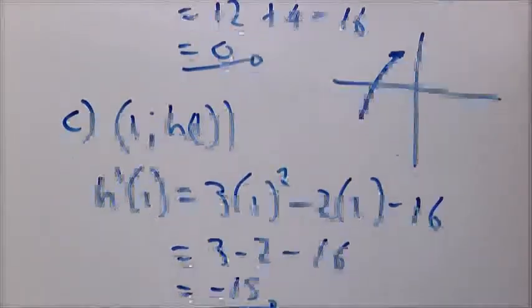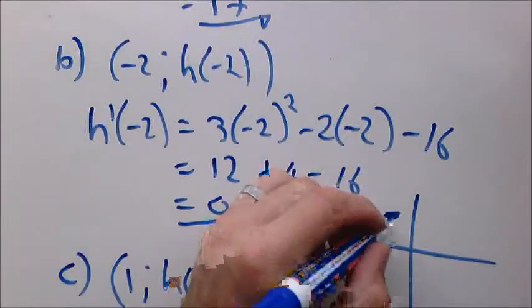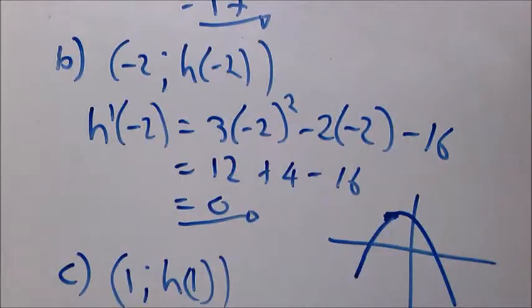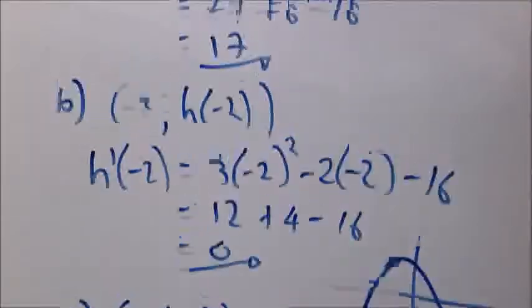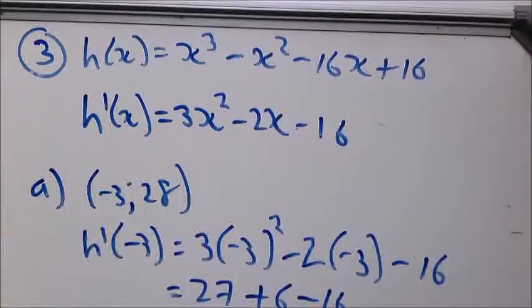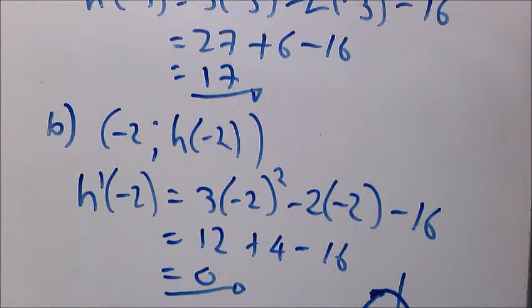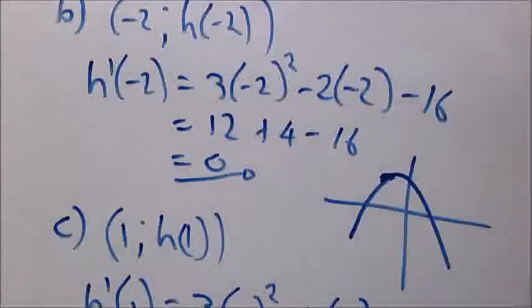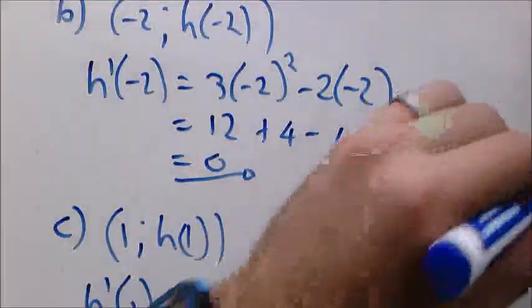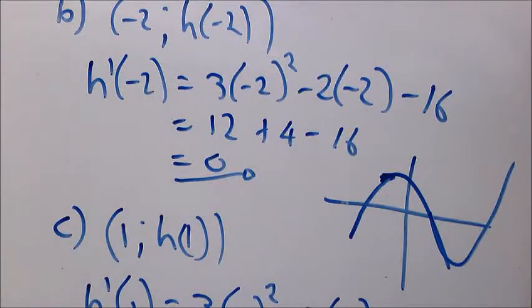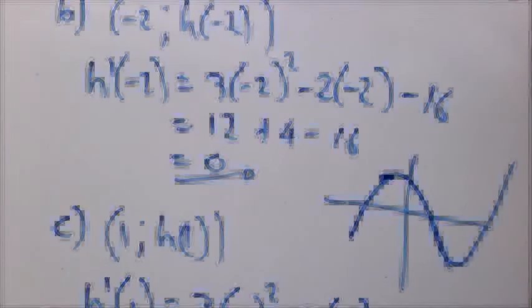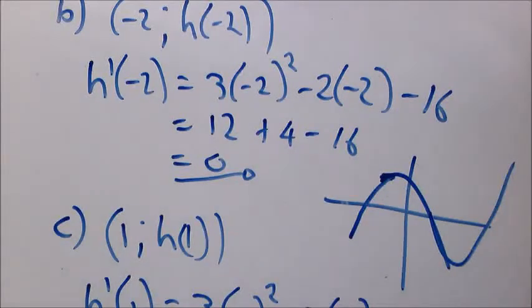And then where x is equal to 1, we have a negative gradient, looking like that. Okay, and it also makes sense if you look at the graph. Its y-intercept is positive 16, and this graph will most probably continue to look like that. But this just gives you an idea of where we are and how this graph looks like. Okay, hope this makes sense.